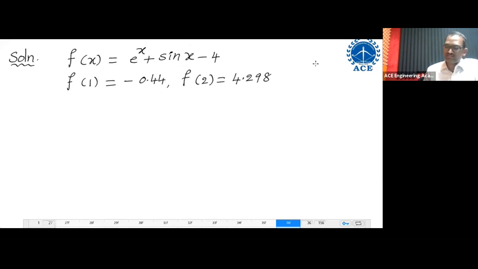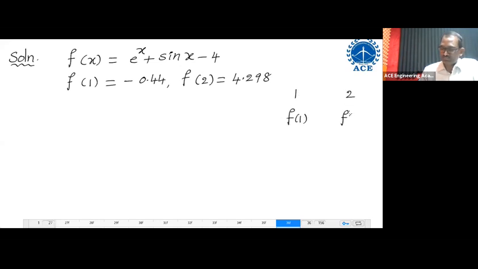You have to use the virtual calculator in the exam: e power 2, small e value 2.718 power 2, then sin 2. You have to enter radians, and then the virtual calculator gives 4.298. Okay, fine.